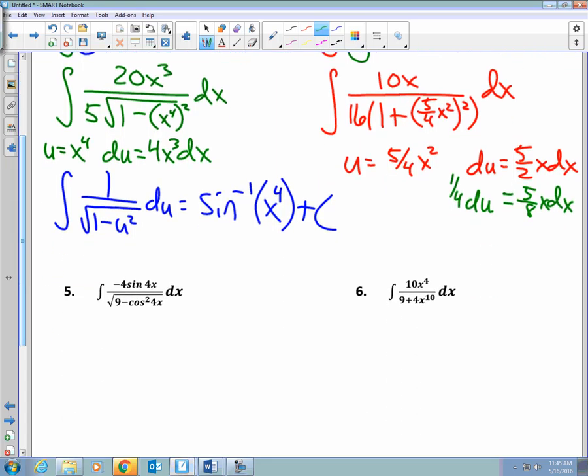So we then have 1/4 times the integral of 1 over 1 plus u squared du, which is 1/4 arctan of 5 over 4 x squared plus c.